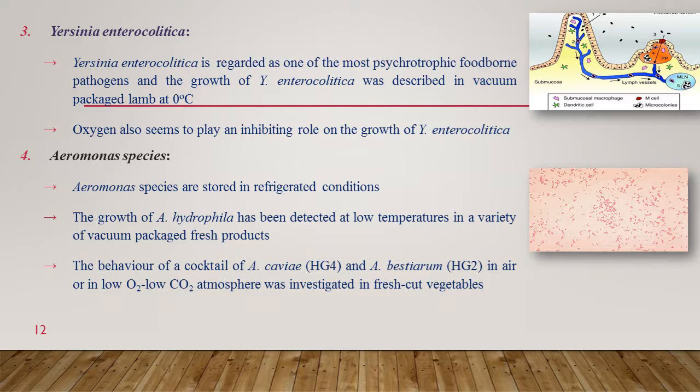The behavior of A. caviae and A. bacterium in air or in low oxygen, low carbon dioxide atmosphere was investigated in fresh cut vegetables. Here from the slide we can see these two bacteria from the figure. These are very much effective.